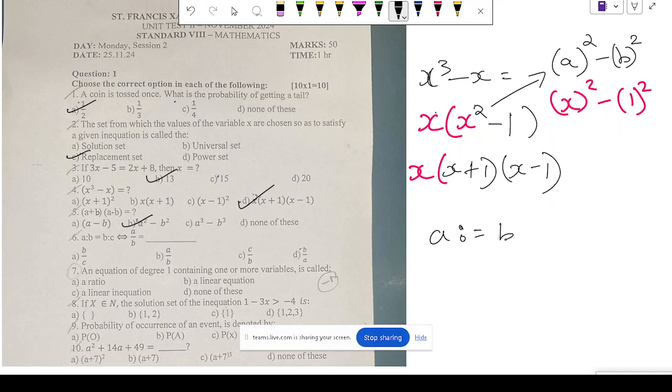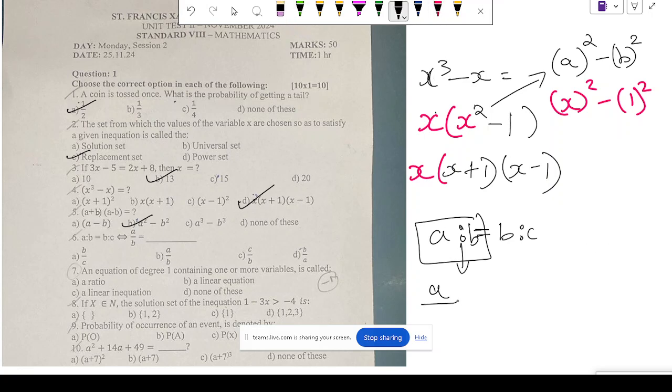A is to b is equals to b is to c. So a by b. What's the answer for a by b? A is to b is equals to b is to c, Kia. What does this symbol mean? This 'is to' symbol is what? This is division, sir.